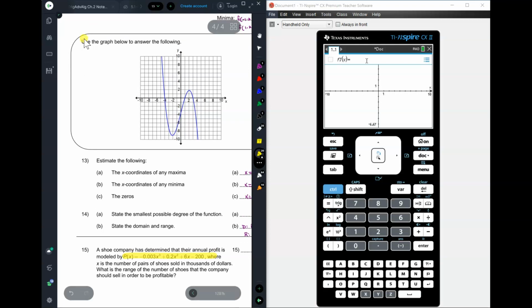Yep. Okay, so what's this going to look like? Negative 0.003 x cubed. Is that right? Yeah. Oh, what did I do?